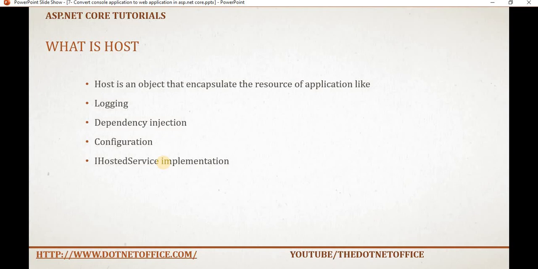But in ASP.NET Core, using this host, the web host builder helps us to create the dependency injection, configure logging, and implement the IHostedService. The IHostedService is basically where we are going to host our application, like an IIS server or other tools. So let's see all these things.